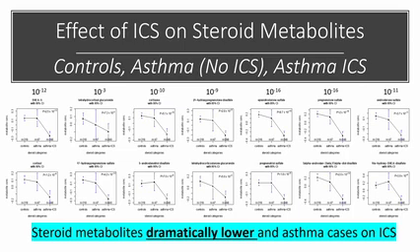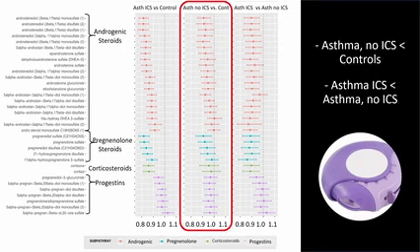Now this gets to important points when we're thinking about asthma physiology. So I want us to really put our thinking caps on, because thinking through this is super important. Because, okay, what do we see in this comparison of asthma cases not on any medication and controls? When you look at this plot, you see that almost all of the associations still show a reduction in steroids.